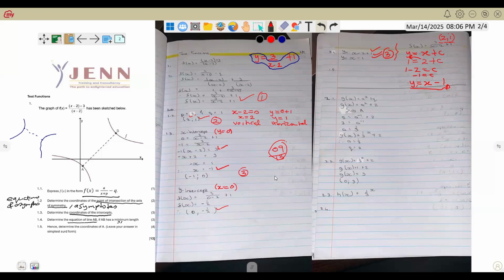Hence, determine the coordinates of A, leaving your answer in simplified surd form. Okay. What's that A? A is a point.